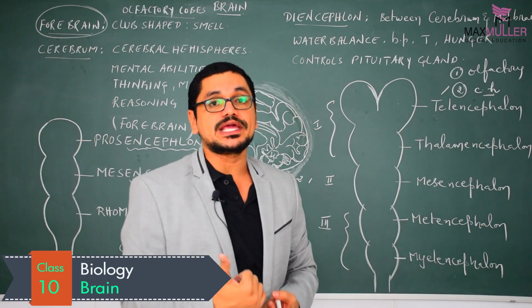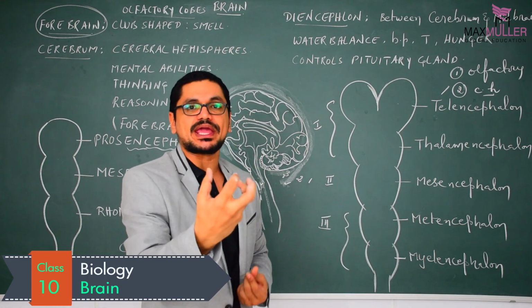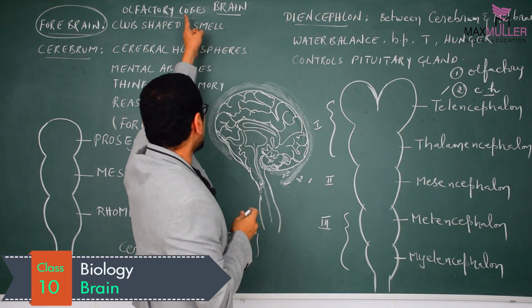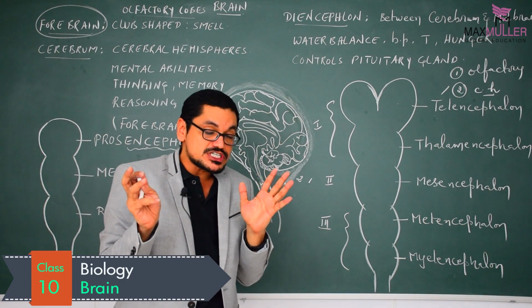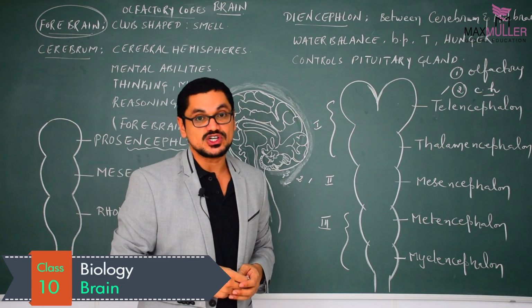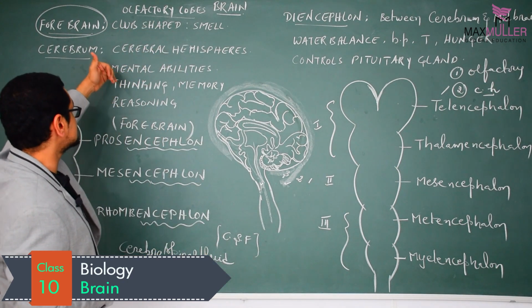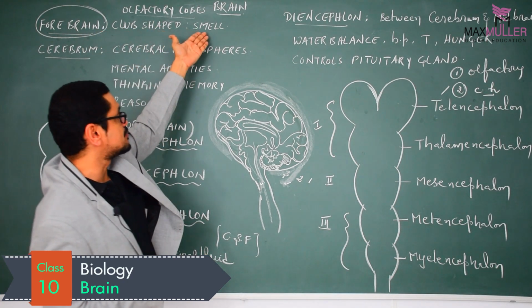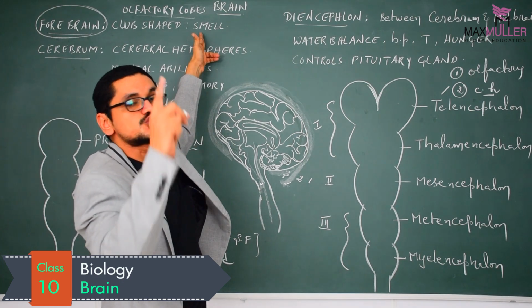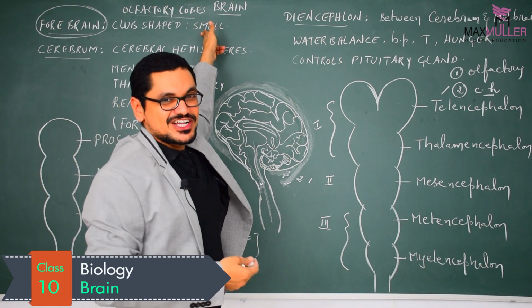But in human beings, there is no perfect space inside these olfactory lobes. That's all about the olfactory lobes, which are club-shaped structures, and their main function is perceiving of smell. That is the function of olfactory lobes.